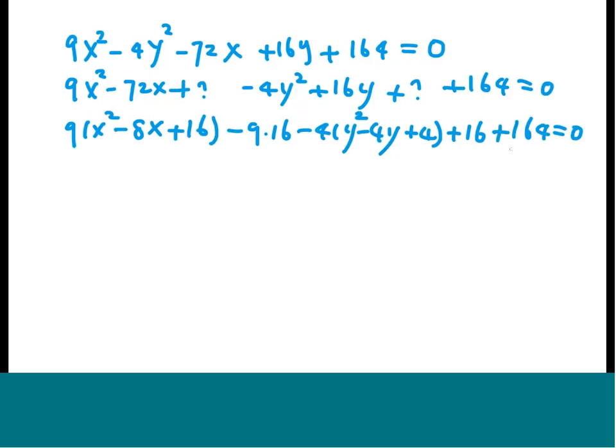Equals 0. So you get 9 times x minus 4 squared, then minus 4 times y minus 2 squared, equals 144, 164, 136. So you divide by 36.